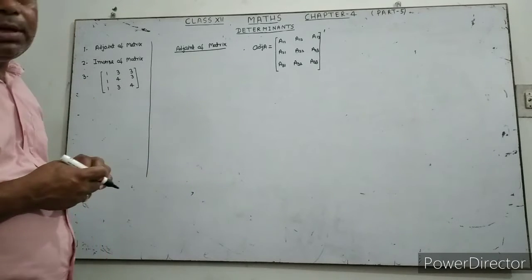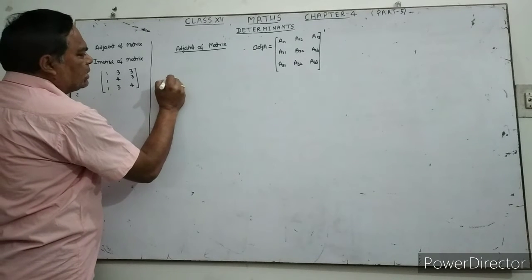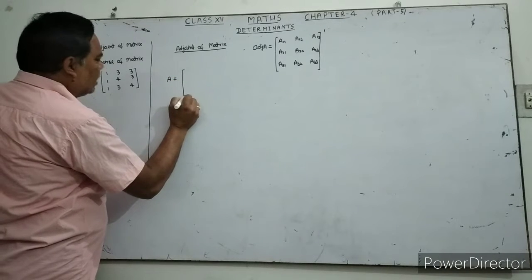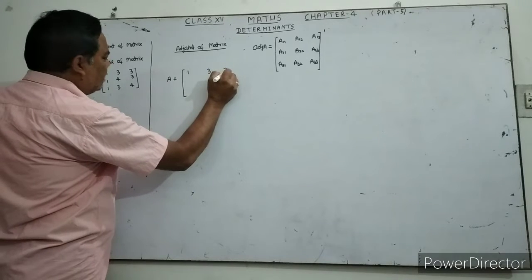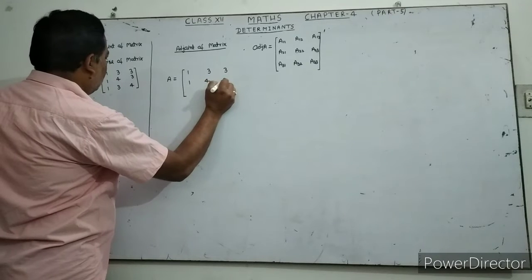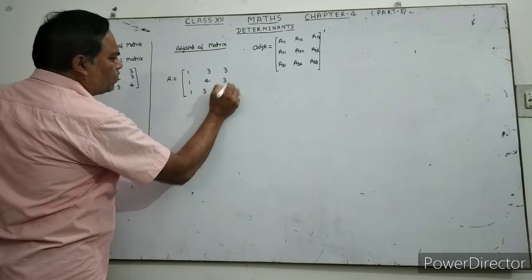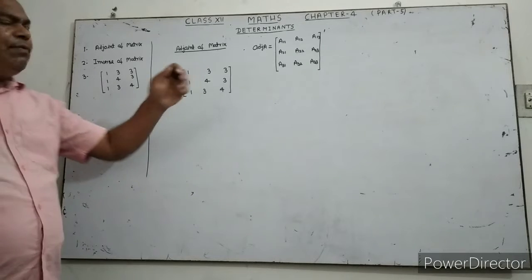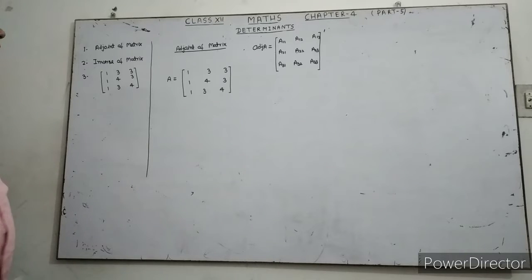Suppose this is the matrix A, with rows 1, 3, 3; 1, 4, 3; 1, 3, 4. Firstly, you find the cofactor of all the elements. And you know how to find the cofactor.